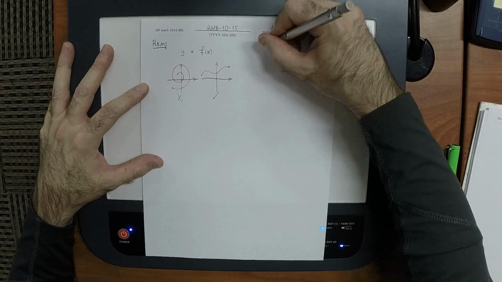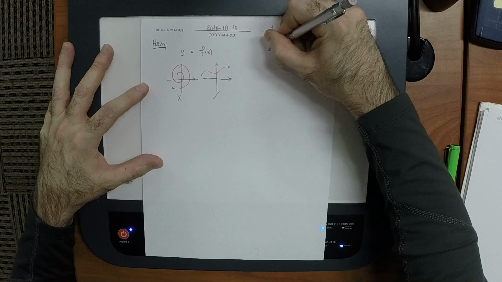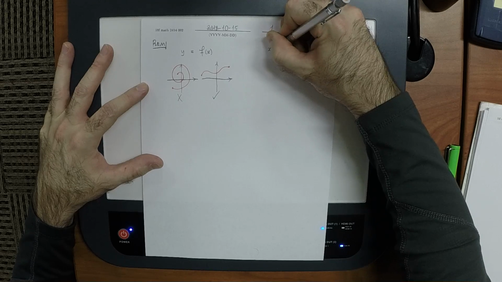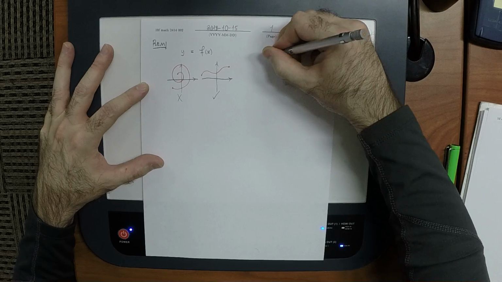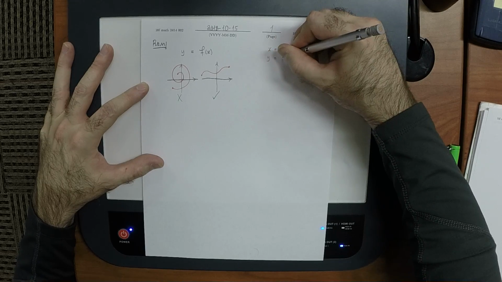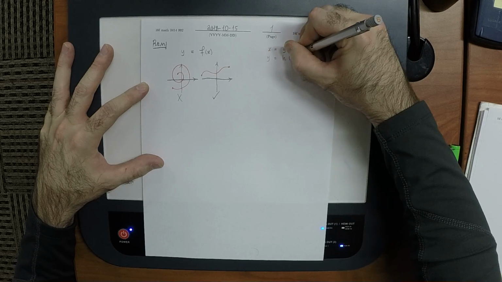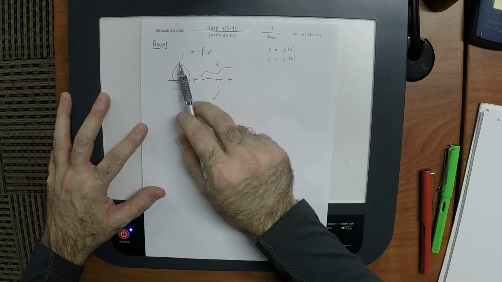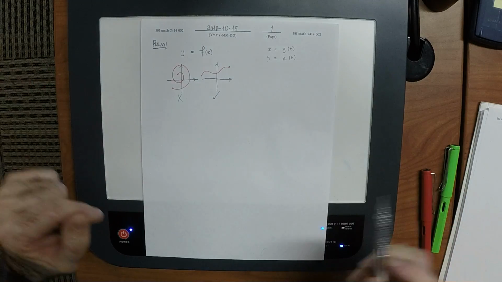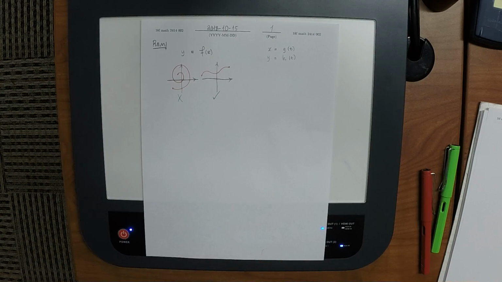And so that's this thing. We have a parametric representation where we can say something like, what if x is a function of t and y is some other function of t? So instead of y being a function of x, what if each of those is a function of some other variable t?